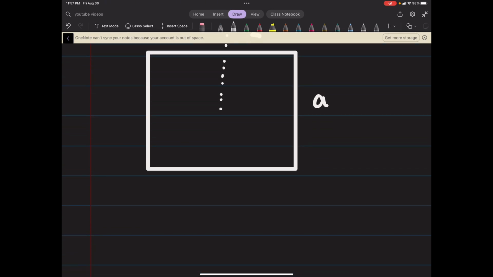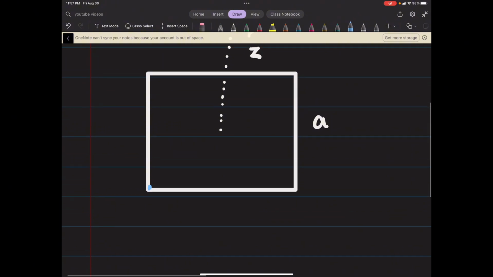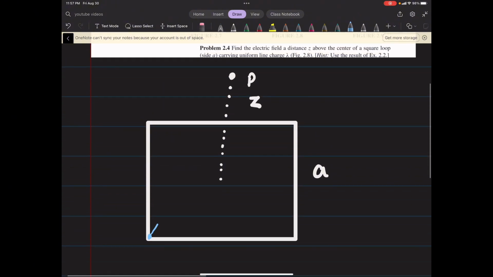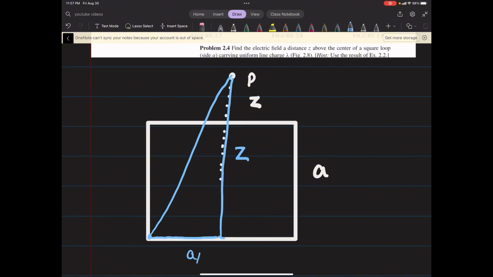So, if you could imagine at some point like this, if you can imagine a triangle kind of like this, where this is your height z, since it's right above it in the center.